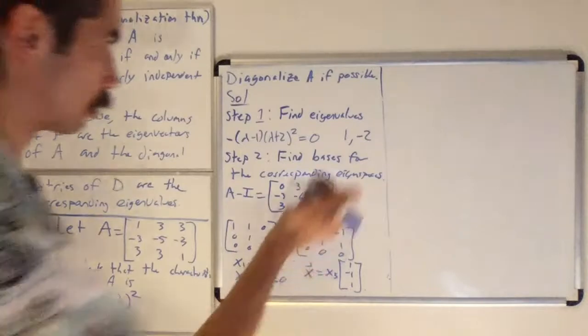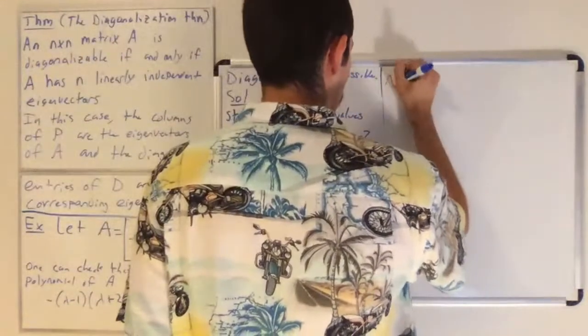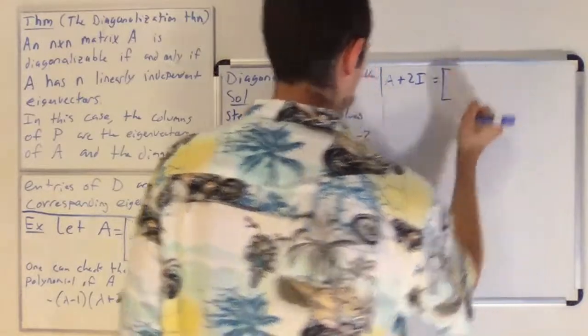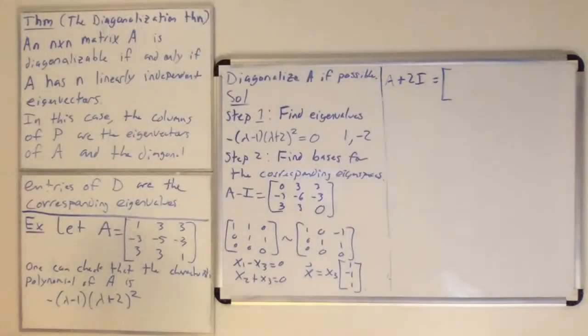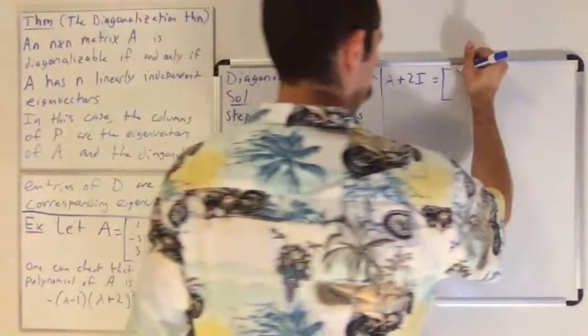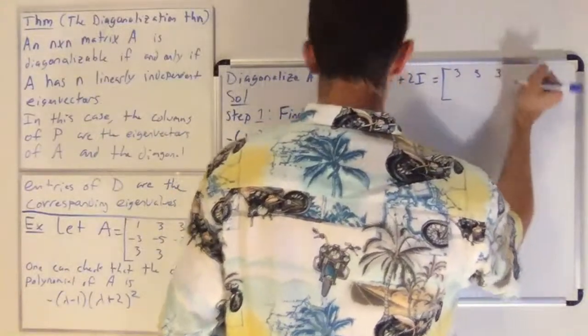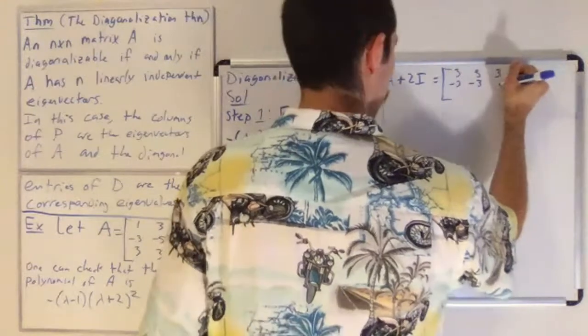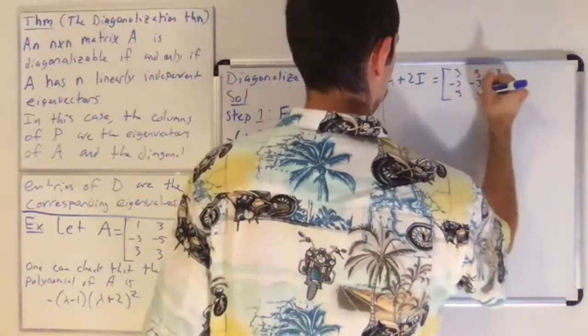Okay, so let's look at the matrix A plus 2I. That's 3, 3, 3, minus 3, minus 3, minus 3, 3, 3, 3.